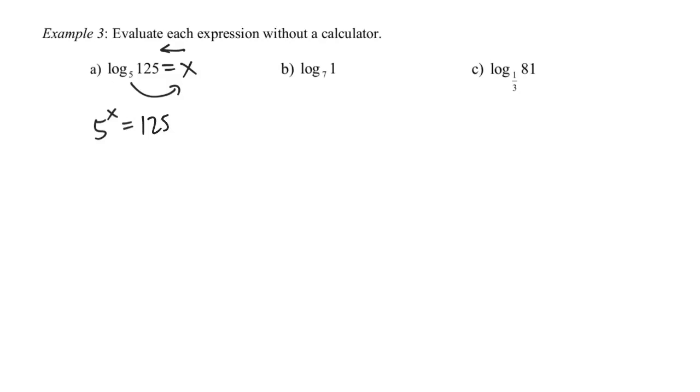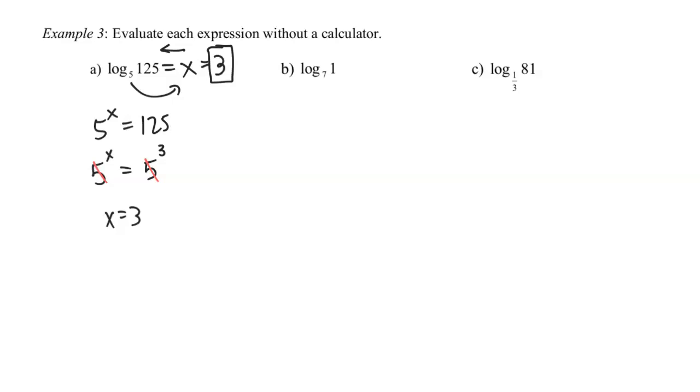The common base here would be 5, and you would just have to do some guessing and checking to figure out that 5 to the third is the same as 125. Now that those bases are the same, you can cancel them out, and the exponents will have to be equal. Therefore, x is going to equal 3, and so this expression is equal to 3.